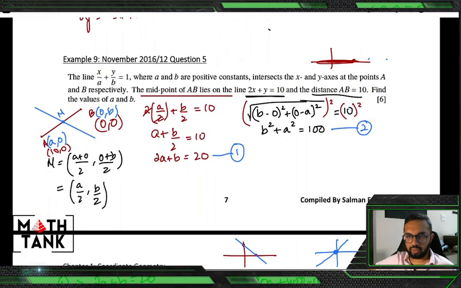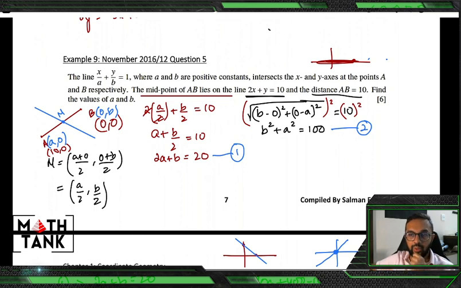Then this is an interesting question. It gives you this equation in a particular form. Remember that when you have an equation in this form, x over a plus y over b equals 1, this is like y equals mx plus c. This is a particular form of the equation.